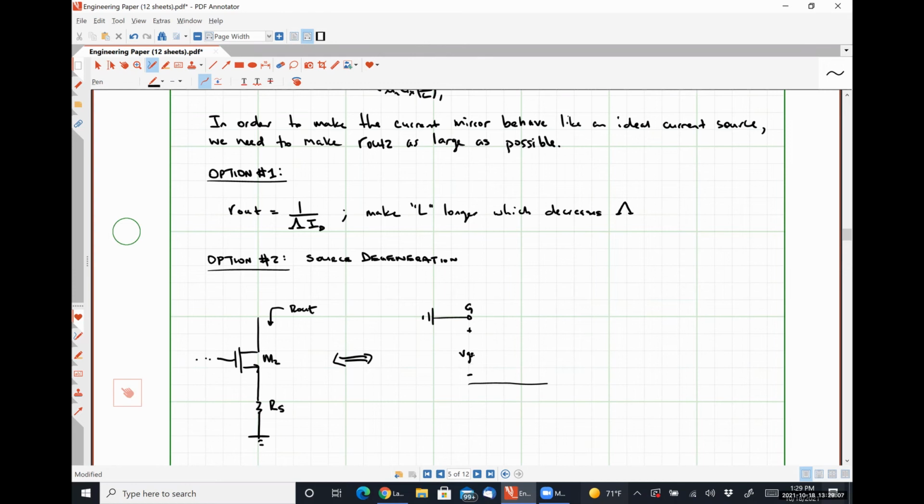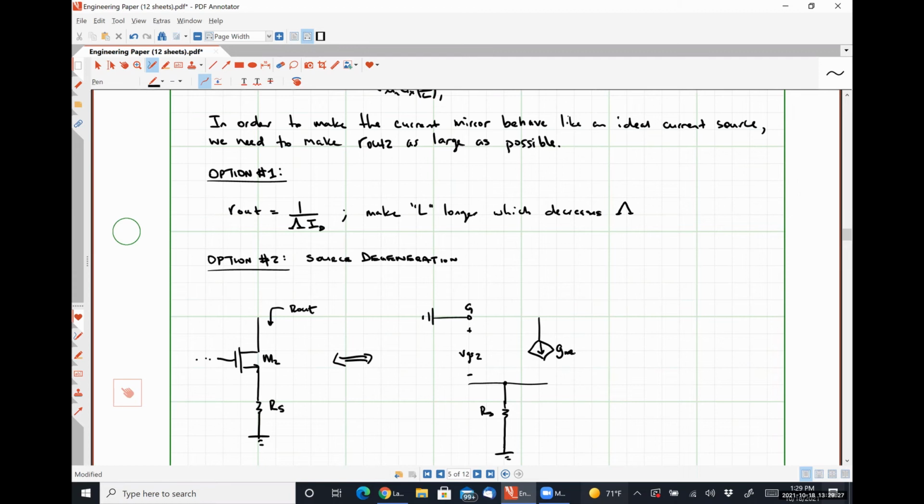Here's VGS. Obviously now, between our source and drain, we have some resistance RS. I'm going to call this VGS2 just for the sake of argument.